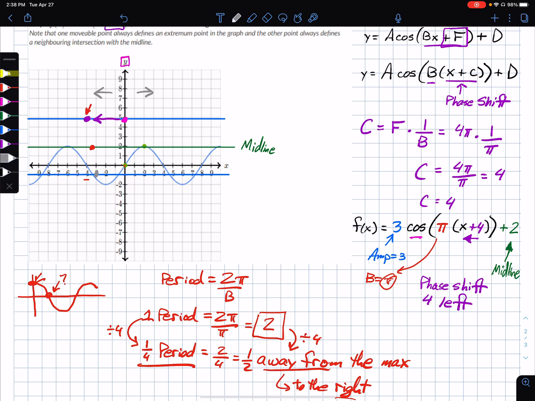Every half unit you get another anchor point. Now, that is such a tiny period that this looks like a V, but if you put a cosine curve to it, try to carefully sketch that, you'll see a shrunken period or a horizontally shrunk compressed graph.